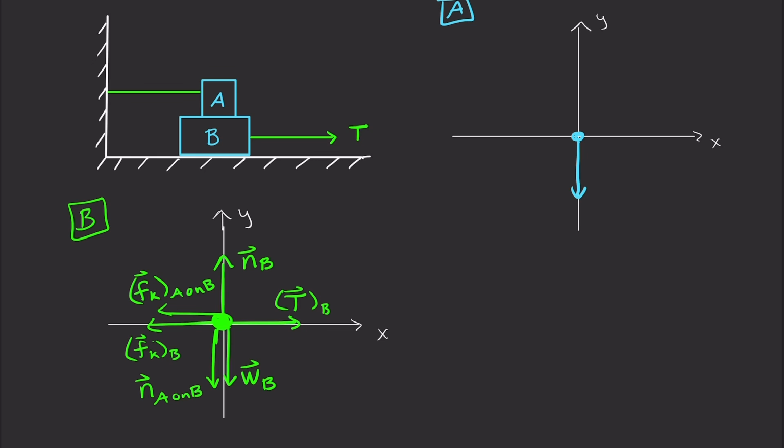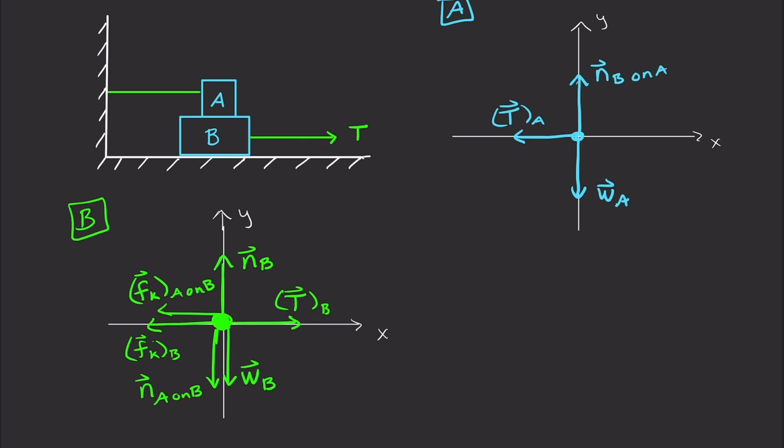Okay, now if we go to the free body diagram for object A, it has a weight going straight down. It also has a normal force, so this time object B is keeping it from going through it, so the normal force of B on A. And then we have a tension force pulling it to the left, so this is just the tension on A. And if B is being pulled to the right across A, and its friction's to the left, that's the same thing as if we left B still and moved A to the left.